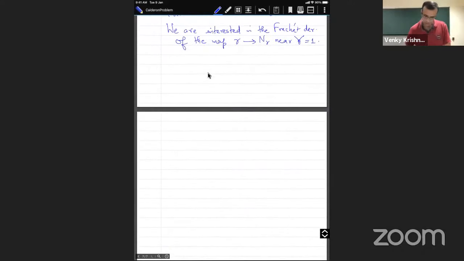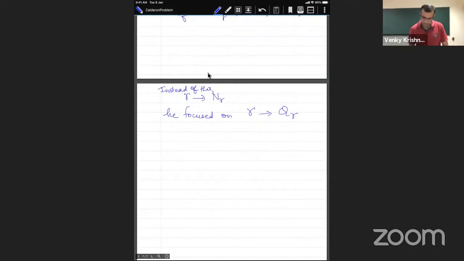So instead of studying gamma going to n gamma, what Calderon did is he focused on gamma going to q gamma.